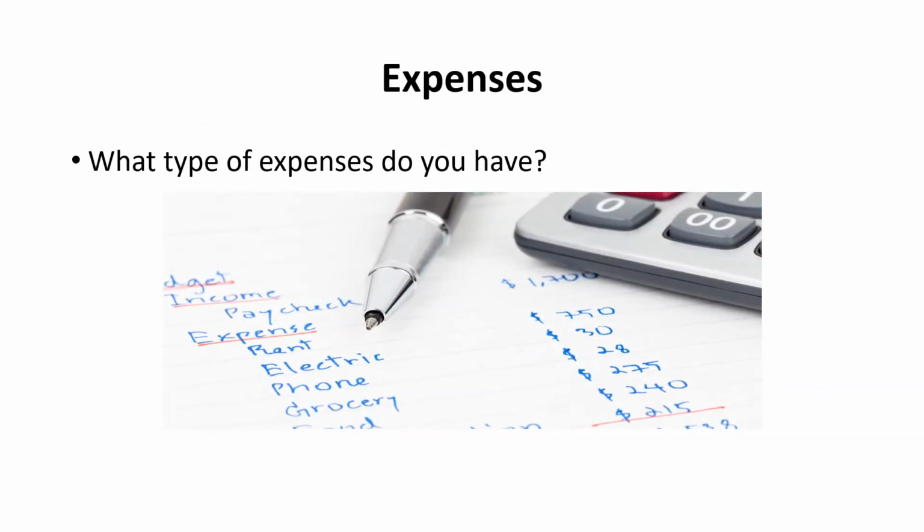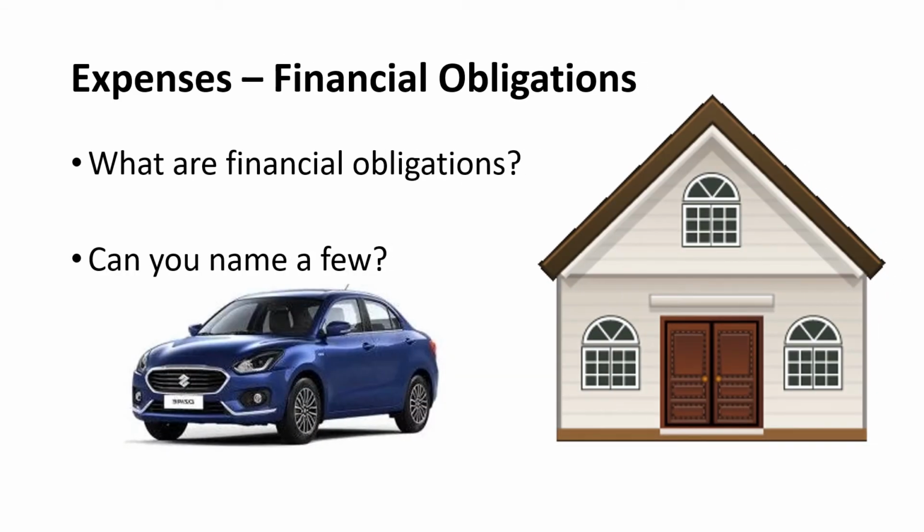The second issue to consider when compiling your budget is your expenses. What types of expenses do you have? Housing costs, financial obligations, food, transportation, personal costs, and other optional expenses. Expenses include financial obligation, which is an obligation to pay money to another party.